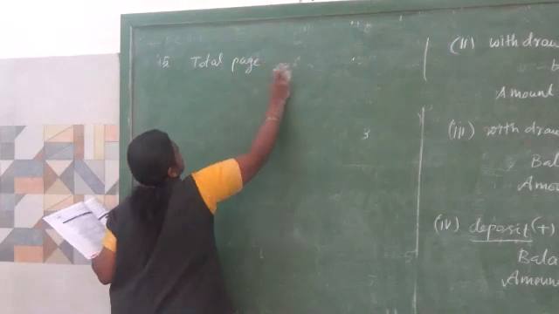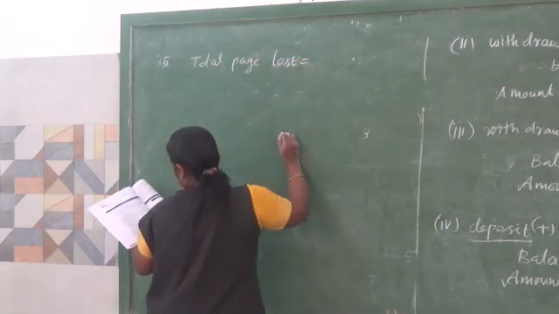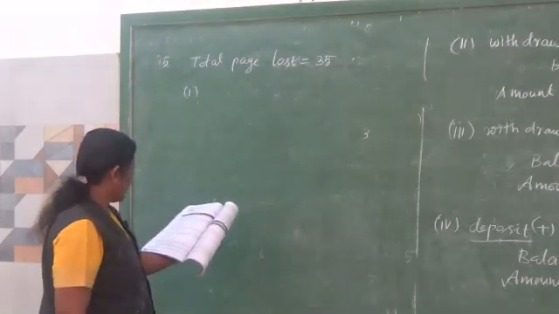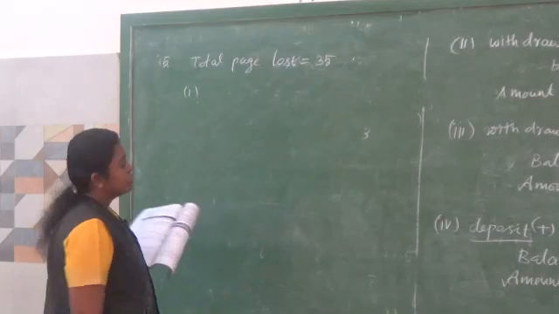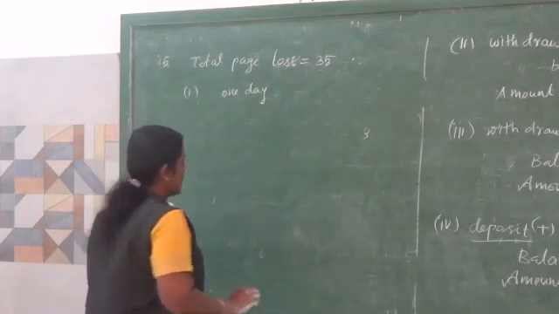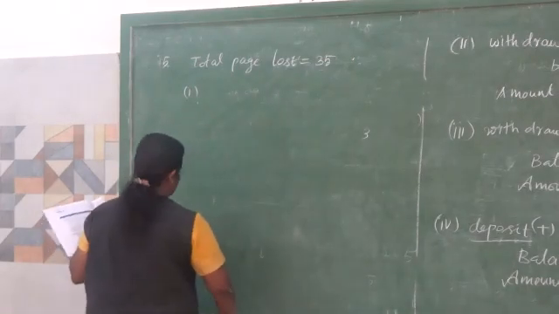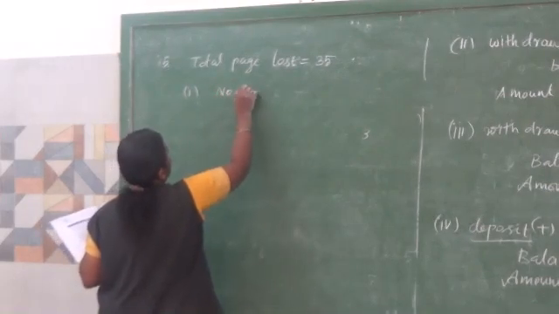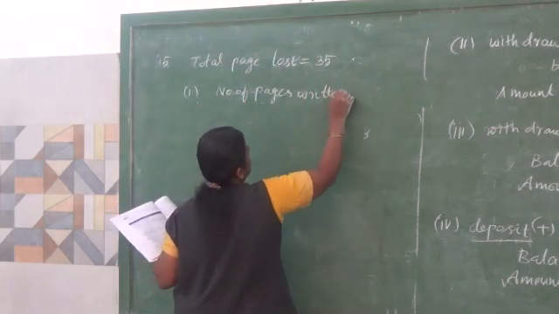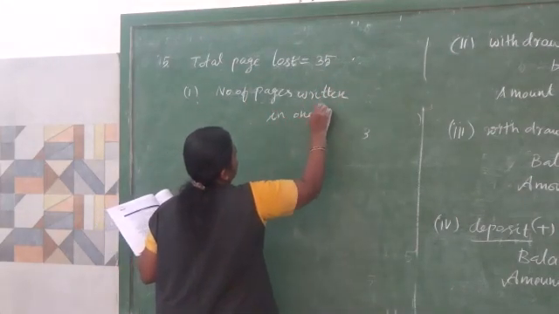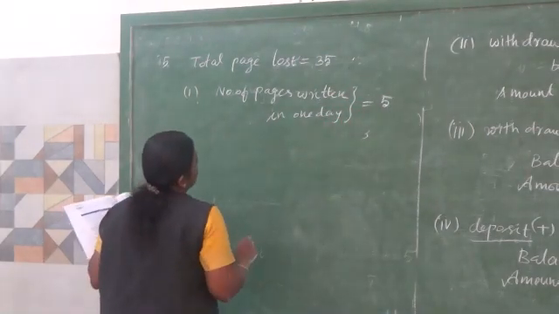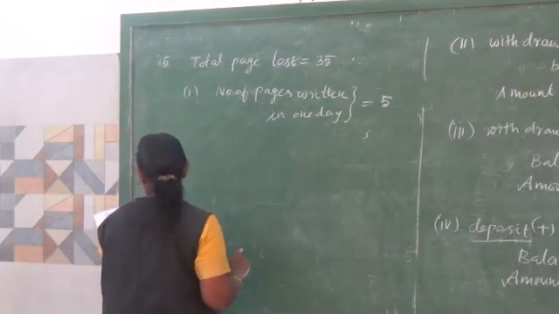Total pages lost equal to 35. Tamil Nambi wrote 5 pages per day. So what is one day's work? Number of pages written in one day: he has written 5 pages in one day. Then 35 pages he has to write.